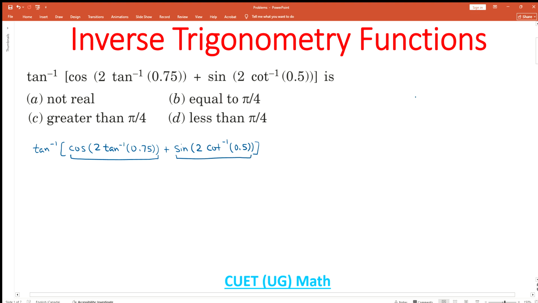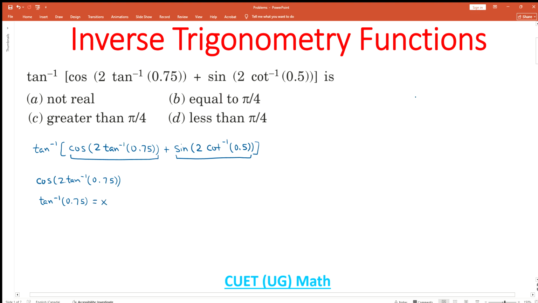Let's start with the first term, cos of 2 tan inverse 0.75. Let's assume tan inverse 0.75 is equal to x.